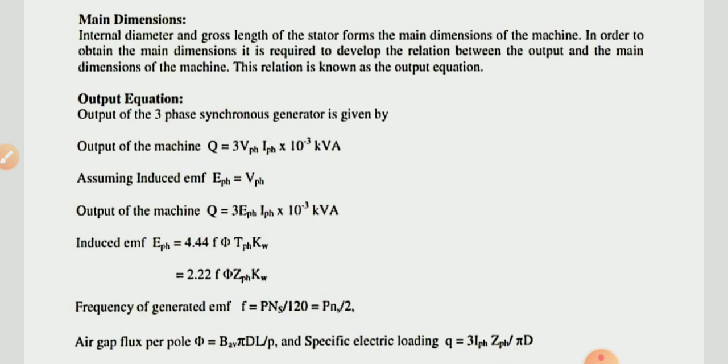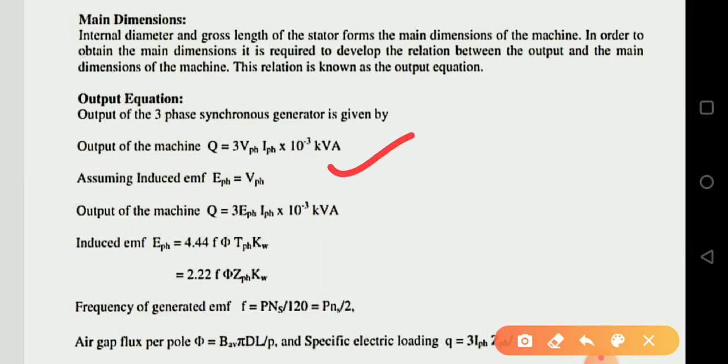Now we know that in a three-phase synchronous generator, the output Q is denoted by 3 into VPH into IPH into 10 to the power minus 3 in kVA, kilovolt ampere. Here we assume that the induced EMF is EPH, so we can put the value of EPH in place of VPH.